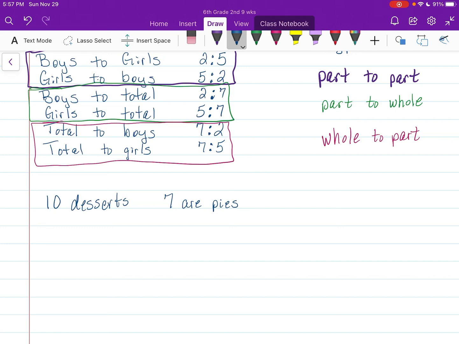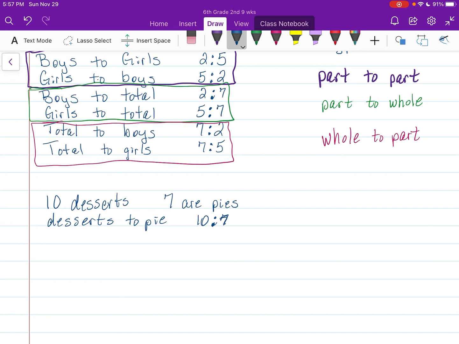So what ratio is that right there? 10 desserts, 7 are pies. That's desserts to what? Desserts to pies. So that would be 10 to 7.